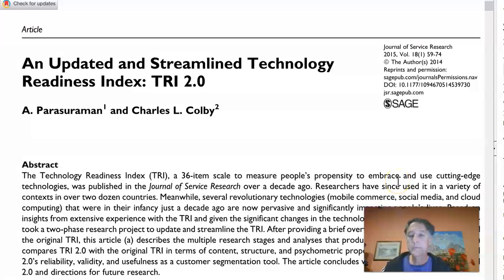Okay, now it's time to give you a practical example of a standardized scale and how it can be used in a study. So this scale is called the Technology Readiness Index, or TRI-2. So this scale was developed by these two gentlemen.